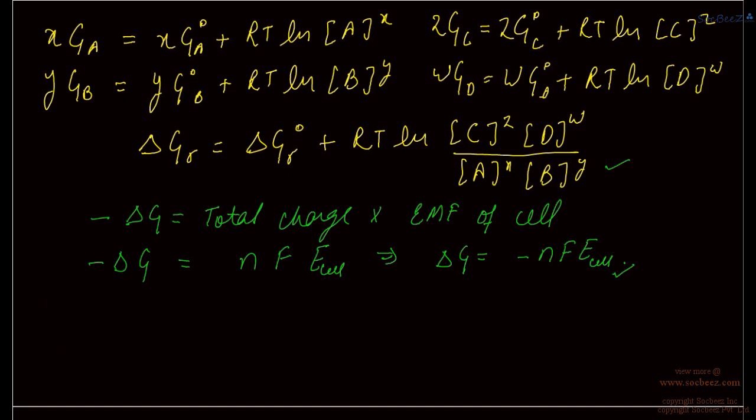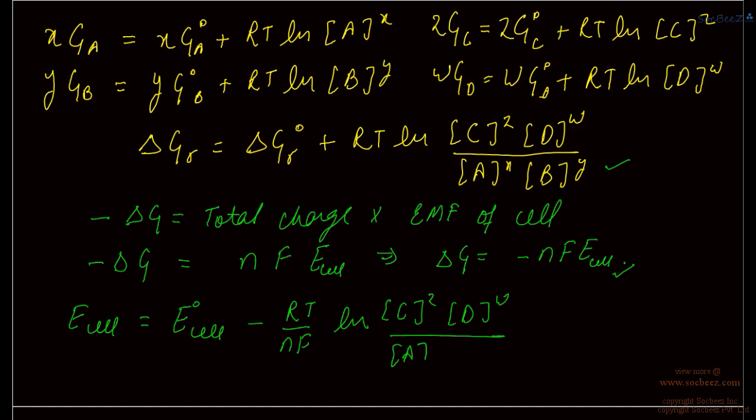Now if we substitute this expression in the earlier expression, we get the value of E cell equals E naught cell minus RT upon nF ln of concentration of C to the power z, concentration of D to the power w, upon concentration of A to the power x, concentration of B to the power y.